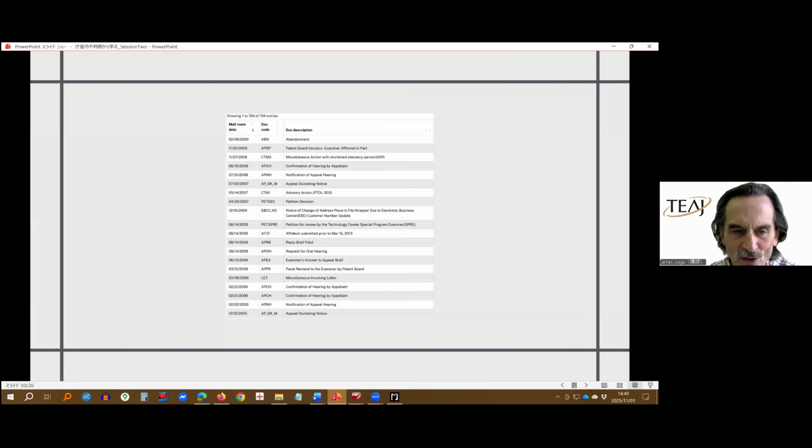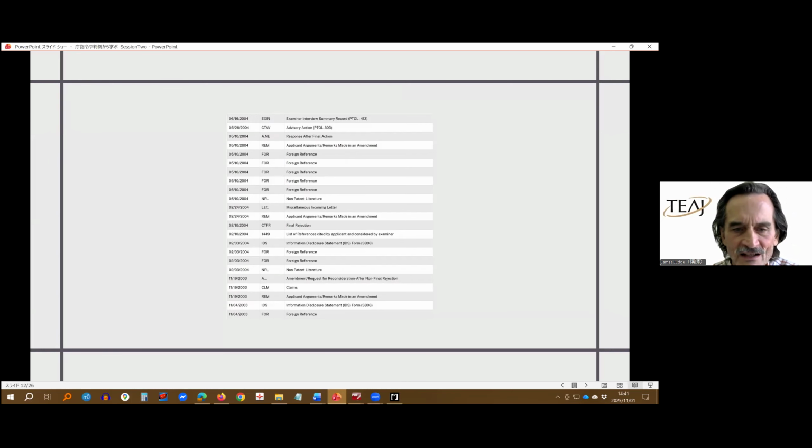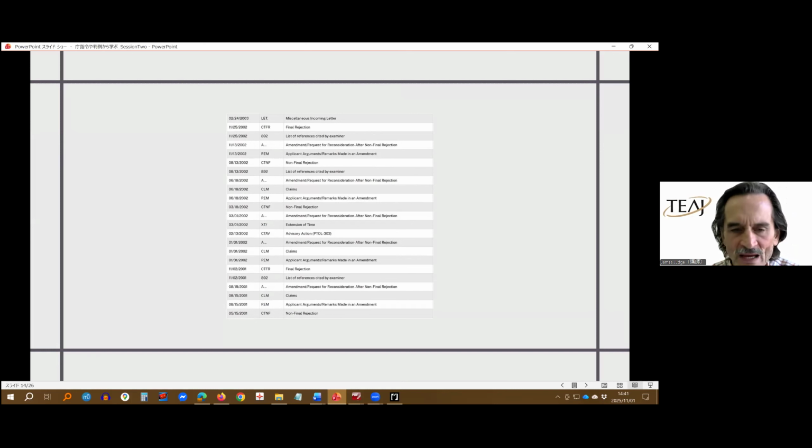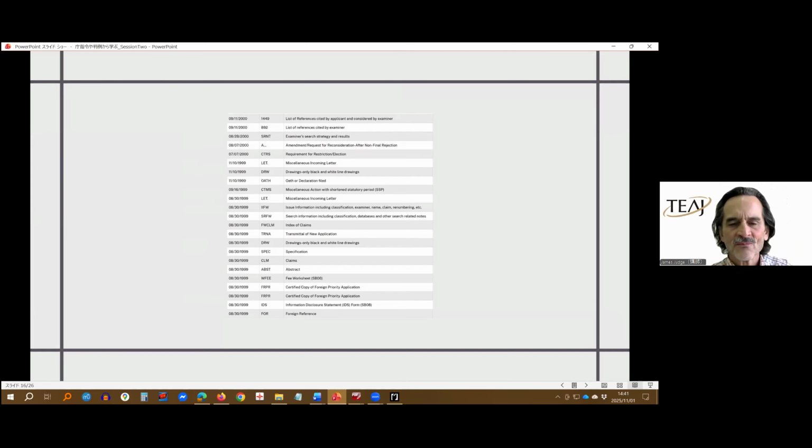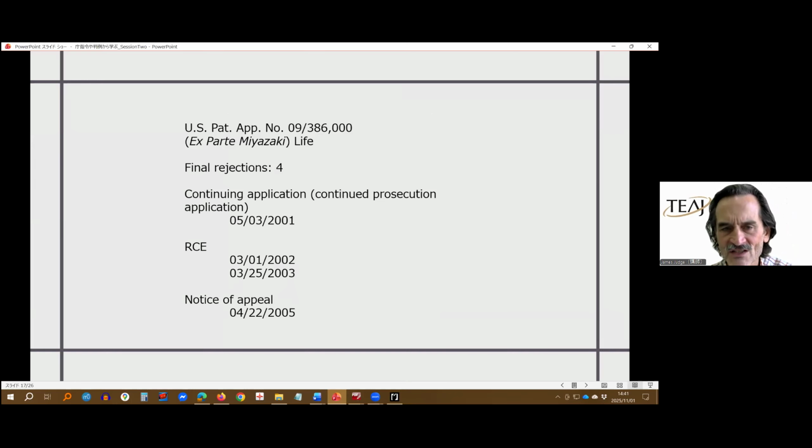And to underscore how long the prosecution was, I downloaded the whole history of it. Here's 2009 where abandonment appears, and it goes on and on. This is going backwards to 1999. The point is that this prosecution dragged on, and the history contained the following: 4 final rejections, a continuing application, which at the time was called a continued prosecution application because RCEs did not exist yet prior to 2001.